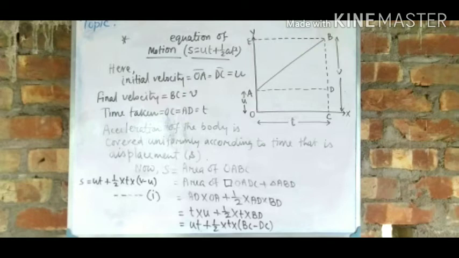We find the area of rectangle OADC plus the area of triangle ABD, and then add them. So it will come as s equal to ut plus half into t into v minus u, as equation number 1.